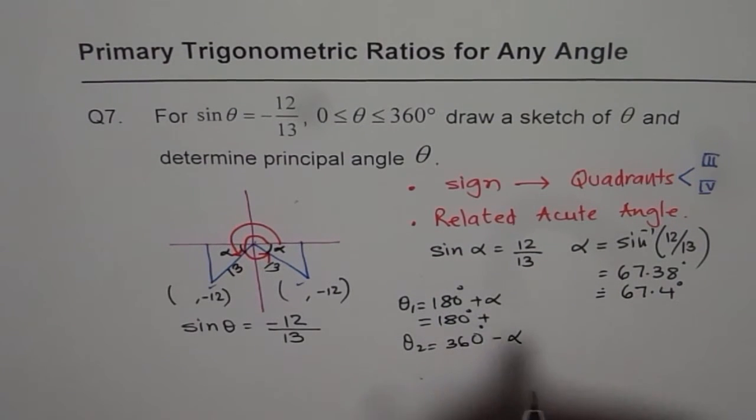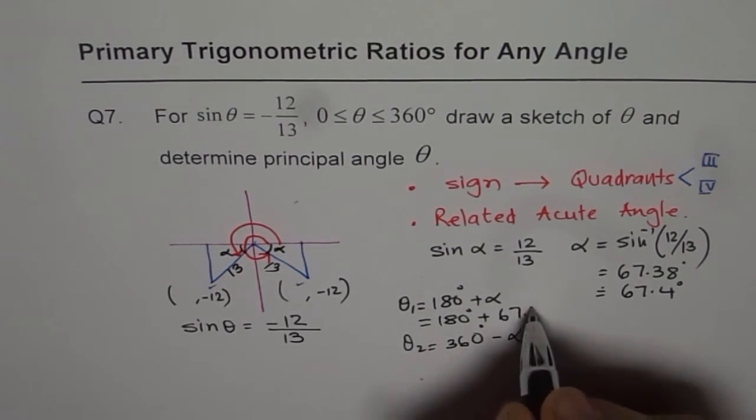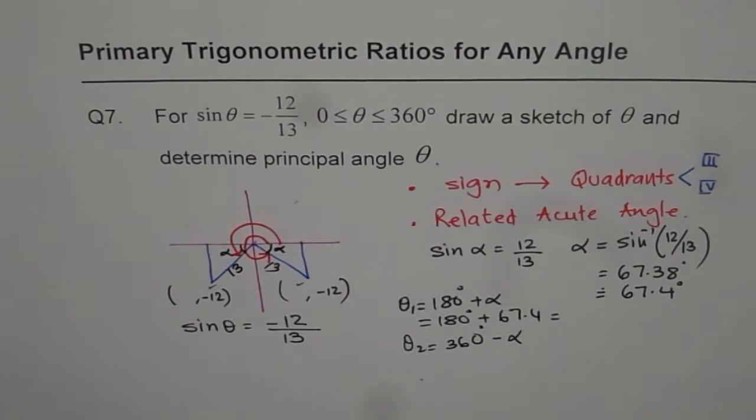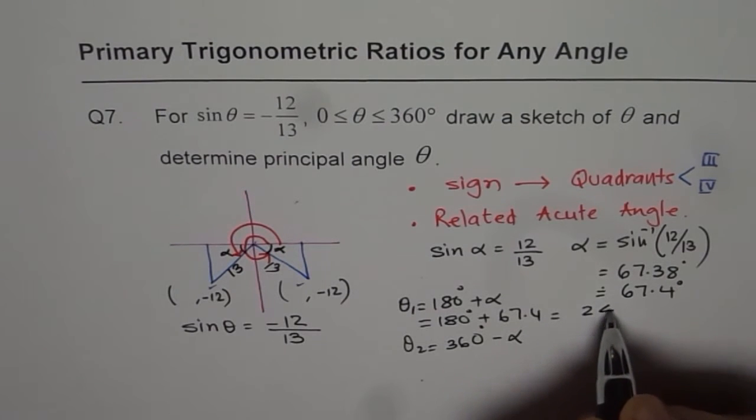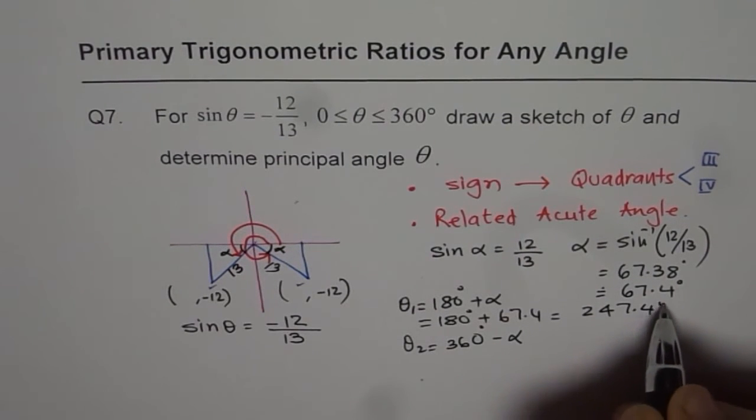180 degrees plus alpha, where alpha is 67.4, so we add 67.4 to 180 and get 247.4. So one of the angles is approximately 247.4 degrees.